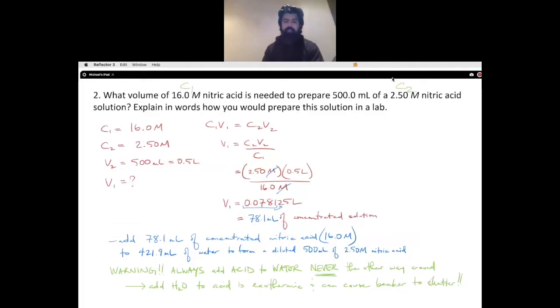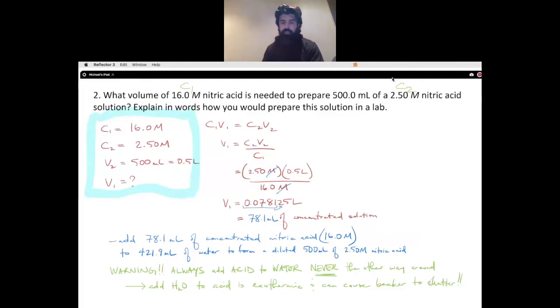Again, a great thing to start off with is to list your information. In this case, I changed my milliliters to liters, just out of habit, since 95% of the time we're going to need to do that. Anyhow, we substitute into our equation and we get this volume, which is in milliliters.